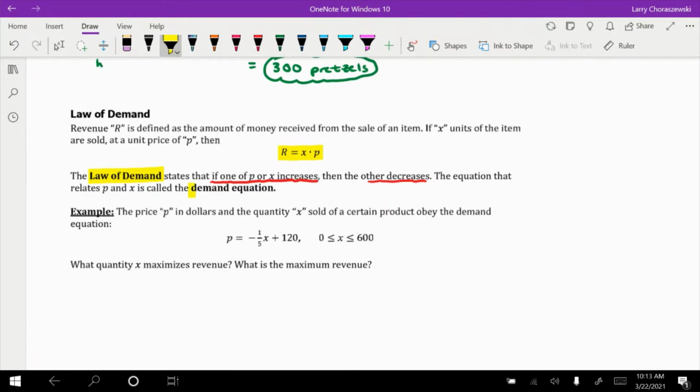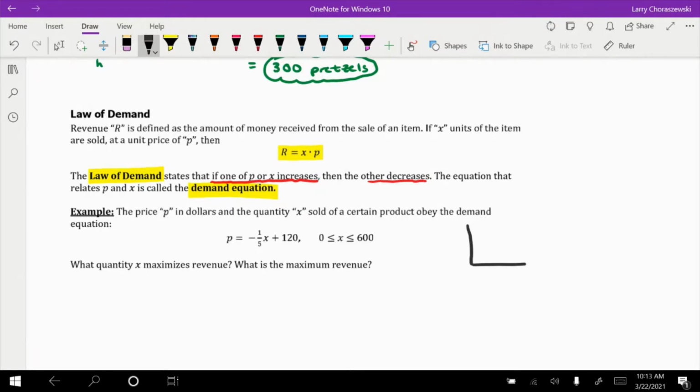Now, a relationship between price and quantity sold in this section is referred to as a demand equation. And I'm going to draw a little schematic over to the right. A demand equation is an equation that relates the two variables X and P that's kind of independent of the revenue equation.